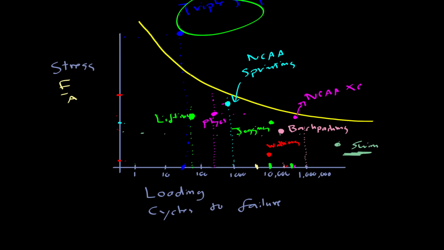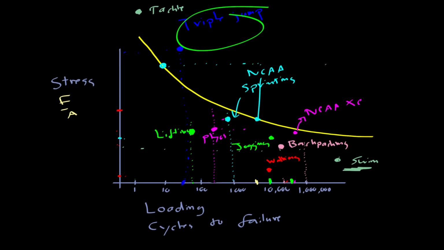Let's say you're a novice and you're lifting with this amount of stress, and you double that. So your y height doubles. Notice how your position on the x-axis here has to go down by a factor of 100. And then actually it turns out to be roughly correct.